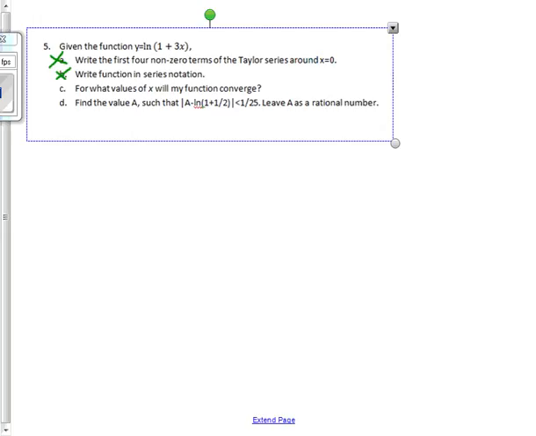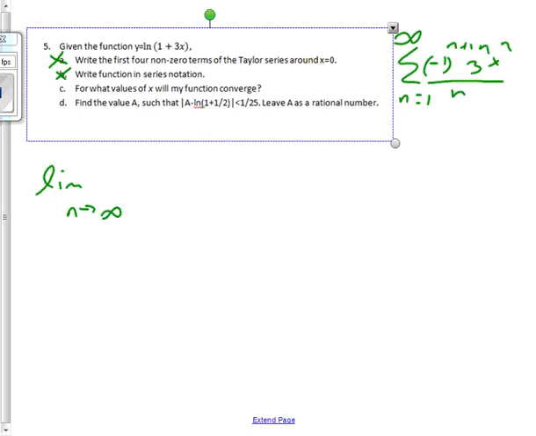Now it says, for what values of x will my function converge? So to answer this problem, you need to use the ratio test. So we're looking at the limit as n approaches infinity of the n plus 1 term over the nth term. So just to have our sum up here so that we see it, we've got negative 1 to the n plus 1, 3 to the n, x to the n over n.